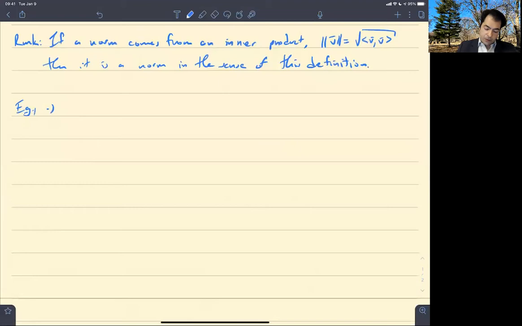So first, the L1 norm on Cn. If you give me a vector in Cn, then I'll denote this like this, the L1 norm. You just take the modulus of each entry, and then sum those together.